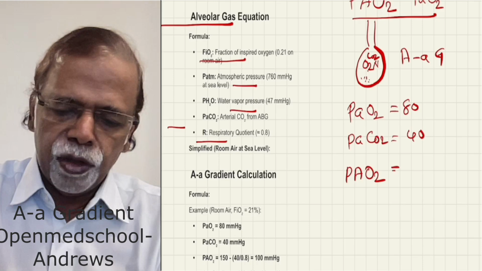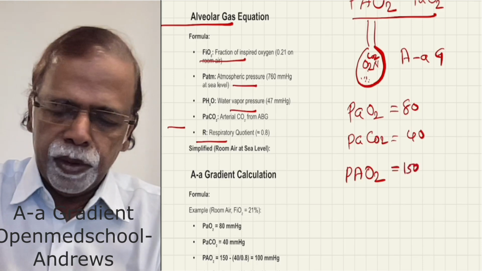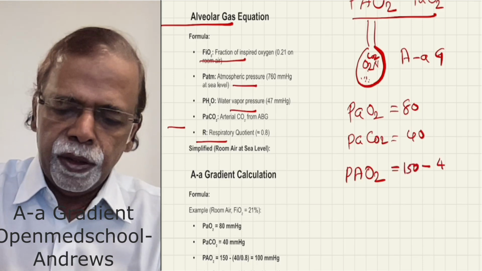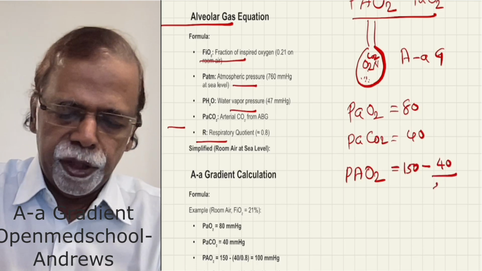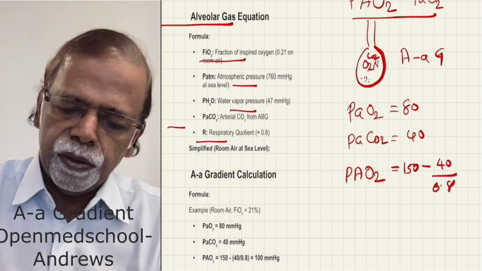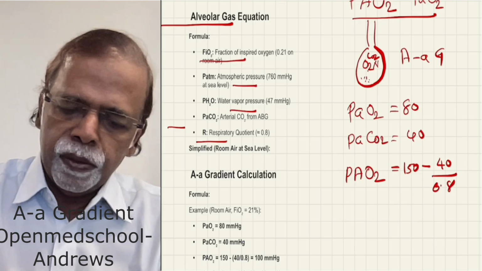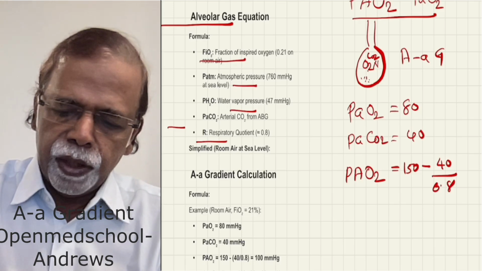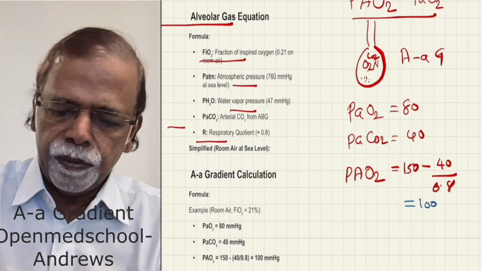From the formula you can see 150 minus 40 divided by the respiratory quotient, 0.8, is equal to 100 millimeters of mercury.